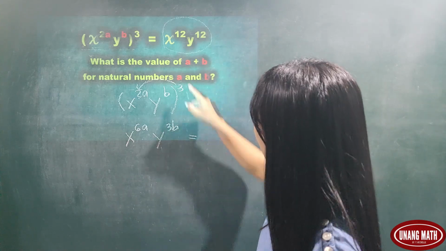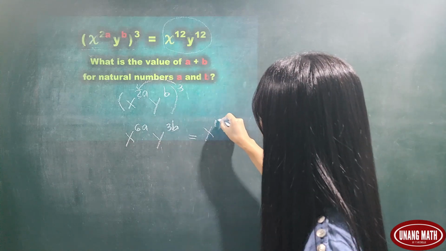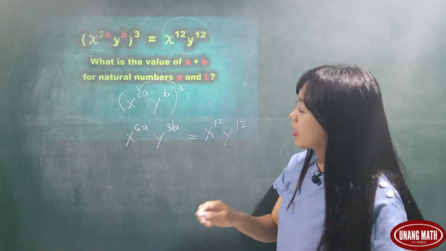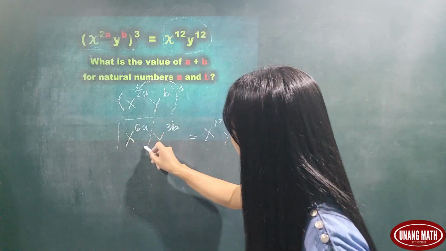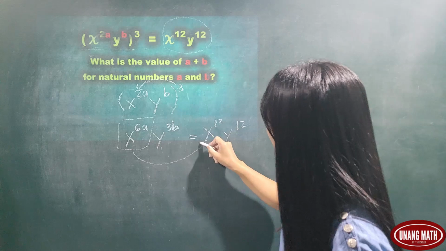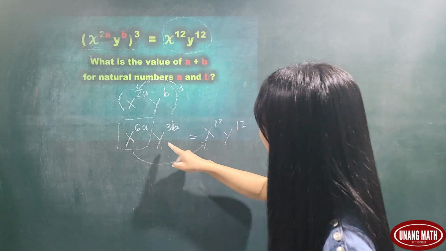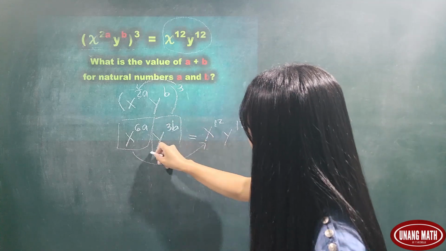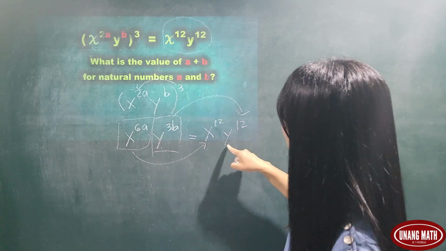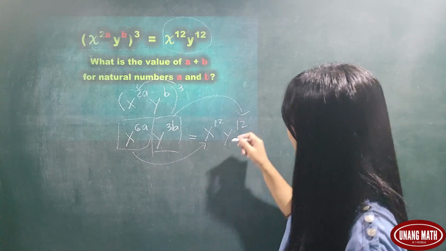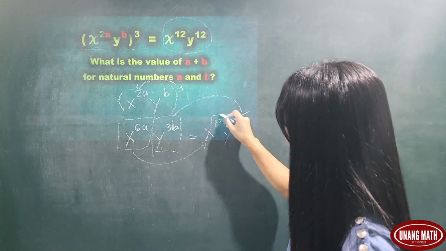This is equal to x raised to the power of 12, y raised to the power of 12. Take note, this one is equal to x raised to the power of 12, and this one is equal to y raised to the power of 12. The exponents here are 12.